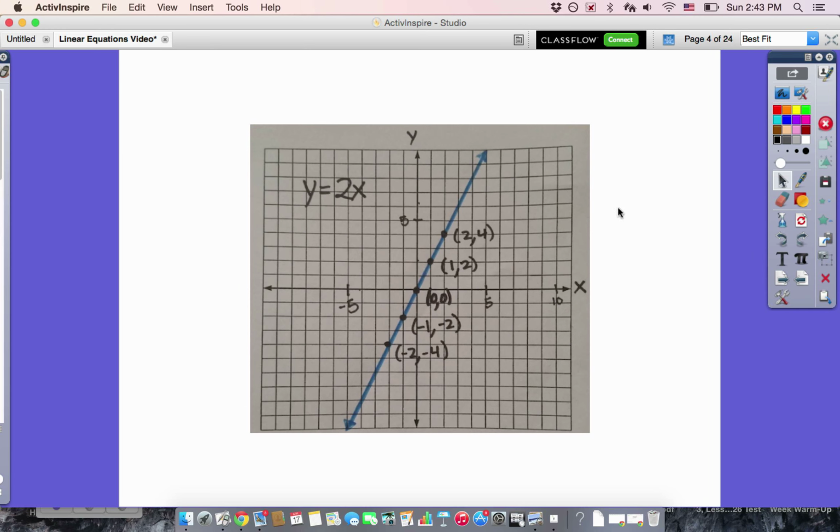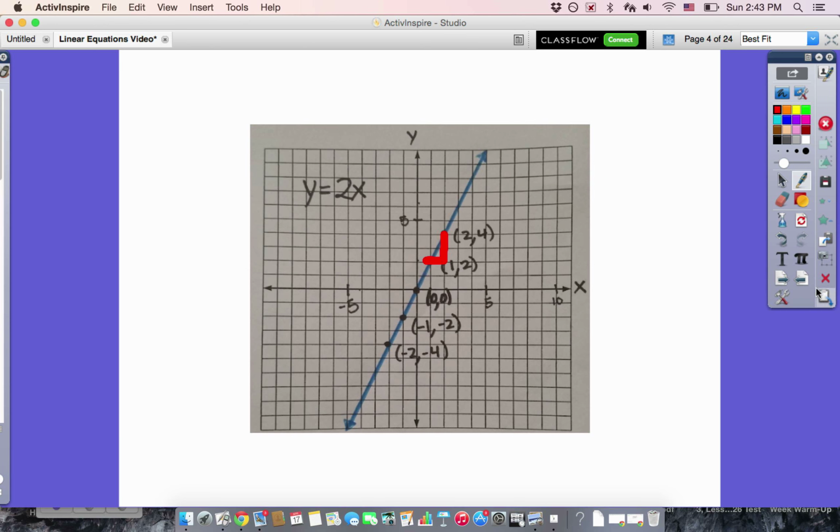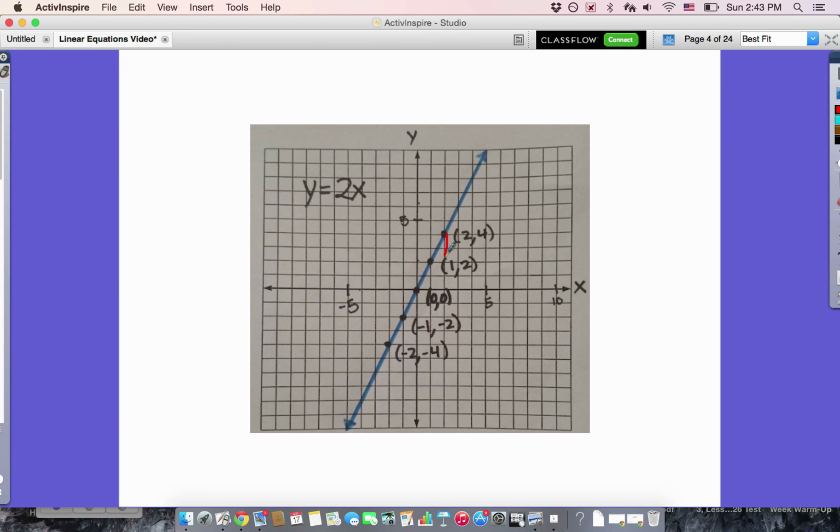Slope is just the unit rate or rate of change, and the unit rate is how the y grows for every x that grows.